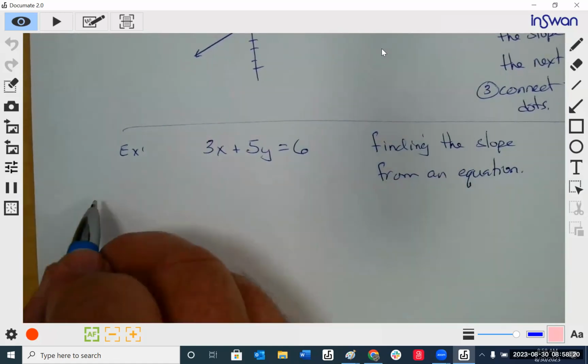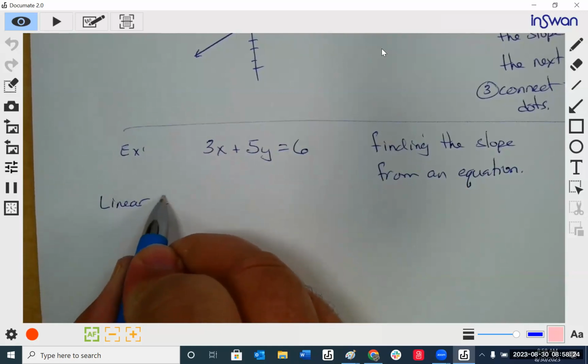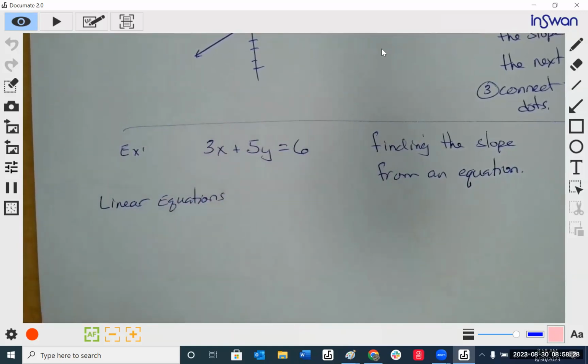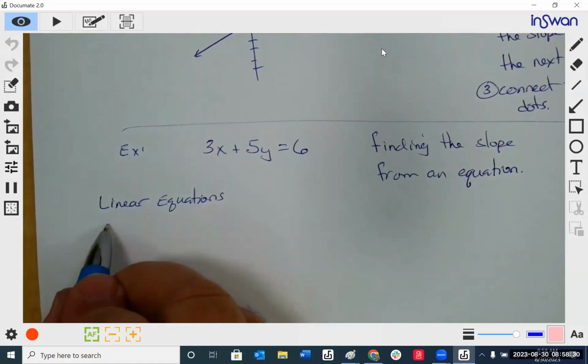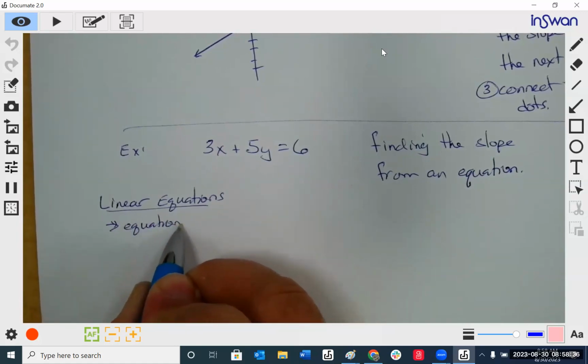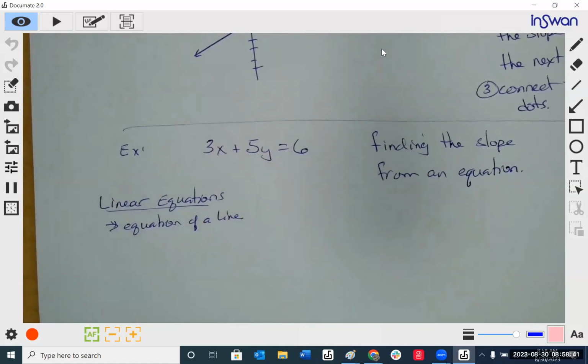All of our graphs so far are called linear equations. A linear equation is an equation of a line. That's important because all of our points are connected by the same slope.